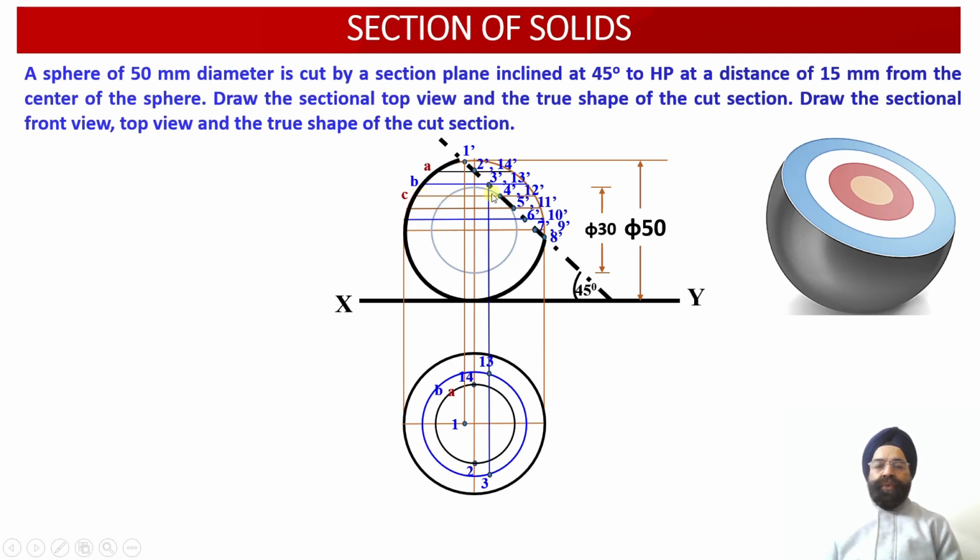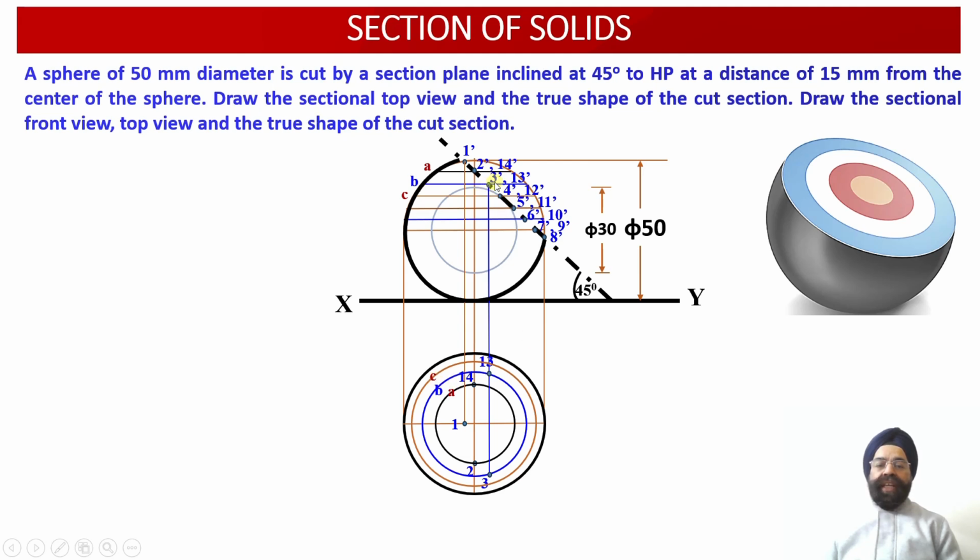So now corresponding to this ring C, the cutting plane is intersecting the sphere at 2 points 4 dash and 12 dash. So now we know the diameter of the ring number C as well. So corresponding to this diameter of the ring C, another top view circular projection of the ring C we have drawn. We can check. This is ring C over here.